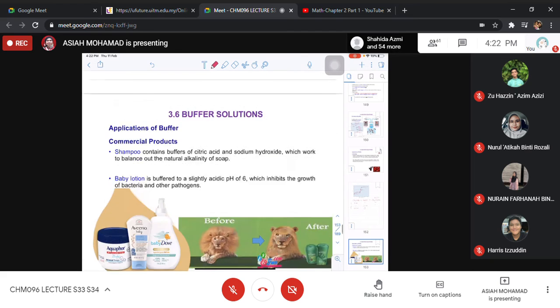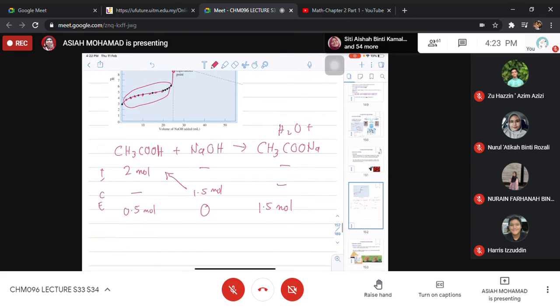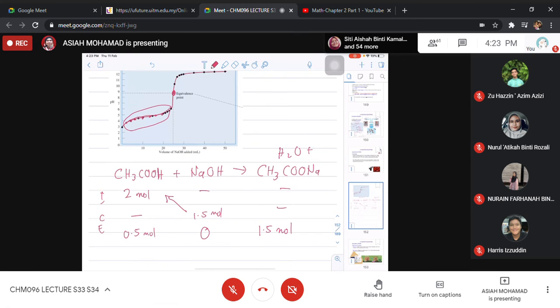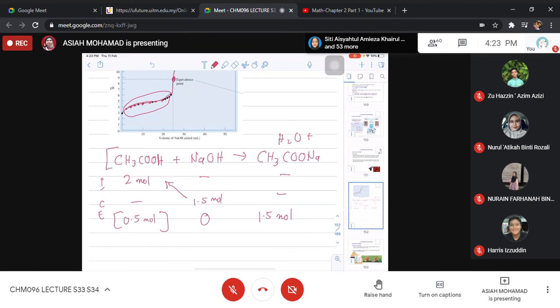How much salt is produced is this much, as much as has reacted. Along this point, that is called the buffer region because the species that exist are your weak acid and its conjugate coming from the salt.